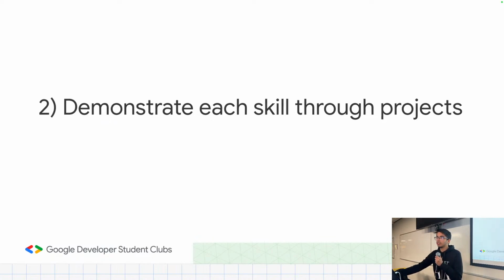The way to do that is to demonstrate each skill through projects. Have you done a project that involves a heavy amount of SQL? Have you taken a class that involves databases? That's when you put a skill. Because whatever skill you put on your resume, you're going to be grilled on it, for sure. If you cannot answer simple questions based on that skill, the company is not going to hire you, and they're going to be pissed.